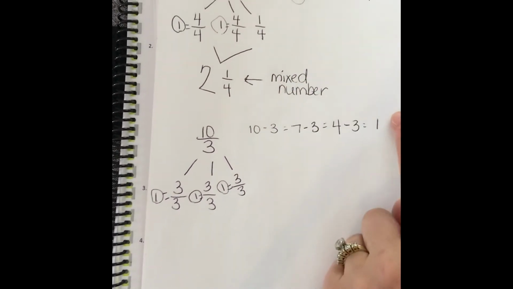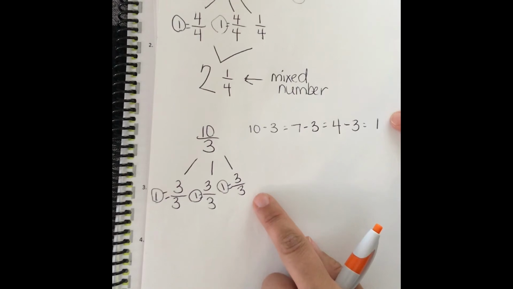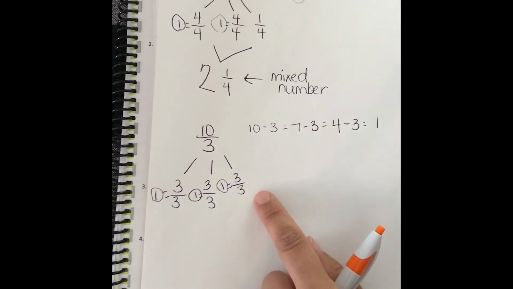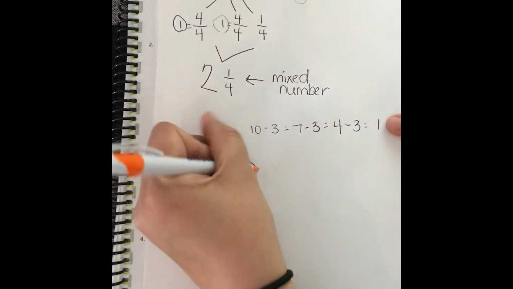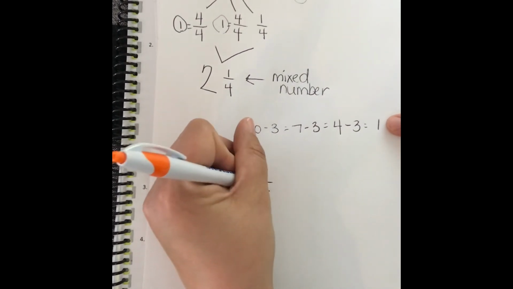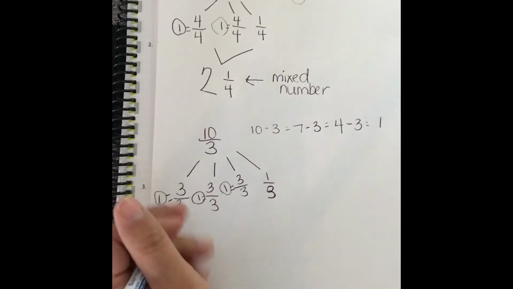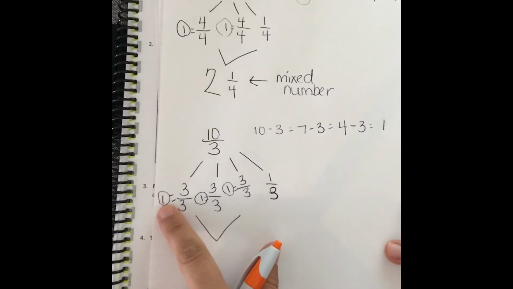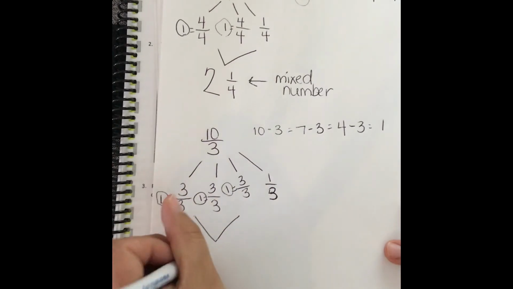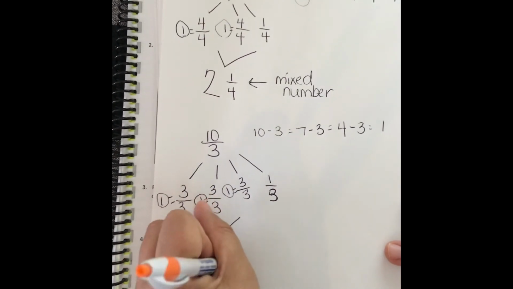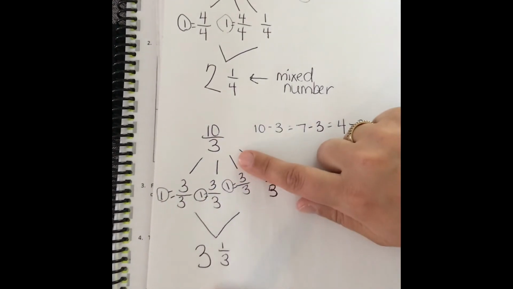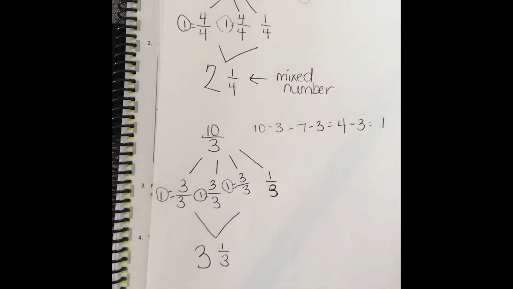I have 1 left, and I know I can't take 3 out of there, so that's what's left over. Oh, I was writing fourths again. Sorry. So now we have, when we put them all back together, 1 whole, 2, 3, and 1/3. So 3 and 1/3 is equivalent to 10/3.